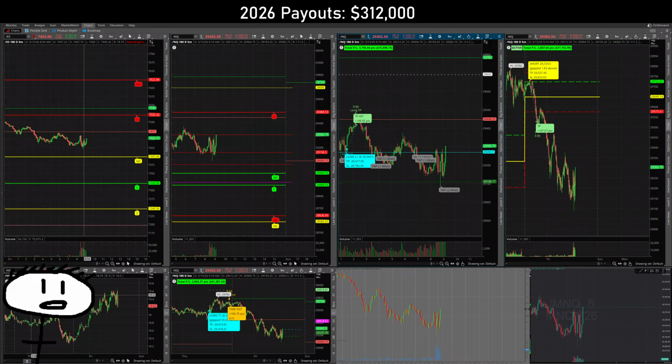Oh no, it can be manually traded because it's 1 second. I think on Top Step you can go down to 1 second.